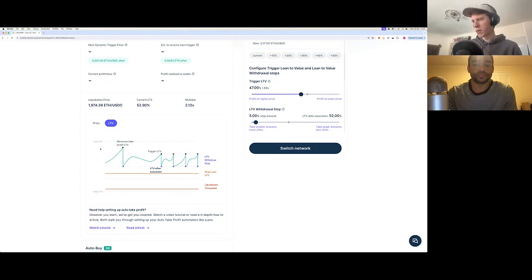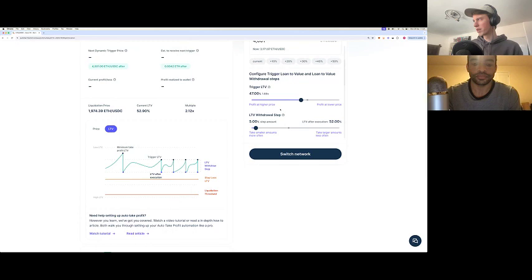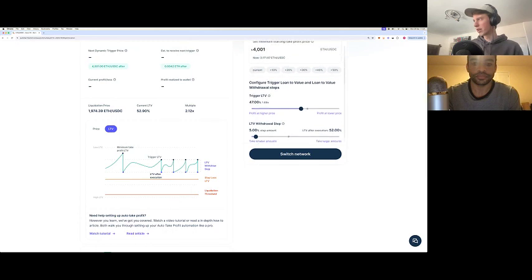By the way, let's say that you have your trigger LTV at 47% and your LTV withdrawal step at 5%. That means that initially it will just look at the 4001 minimum price. And once it has breached that, if it then also has breached your trigger LTV, it will take profit.